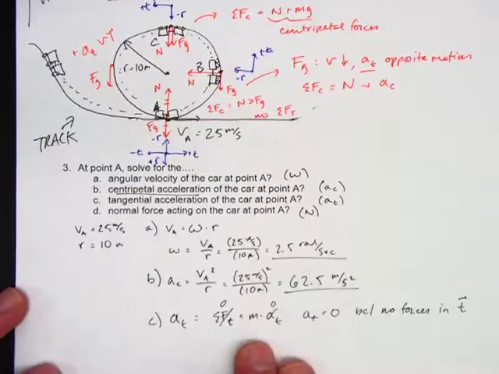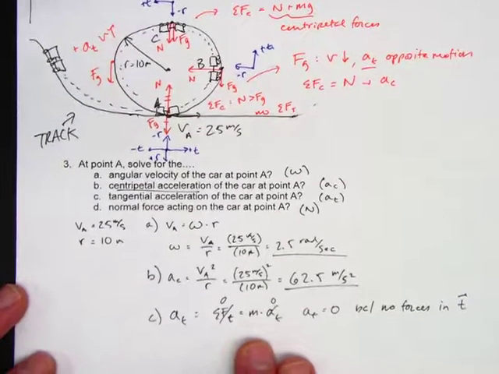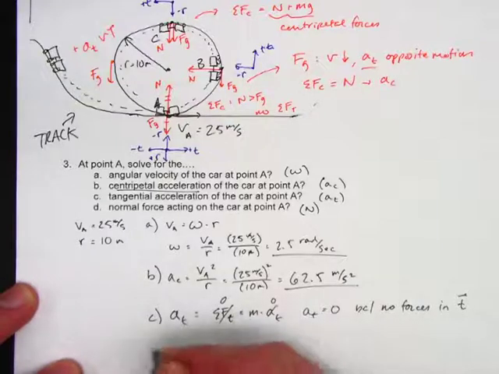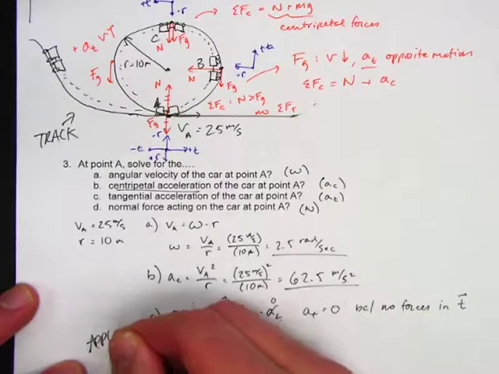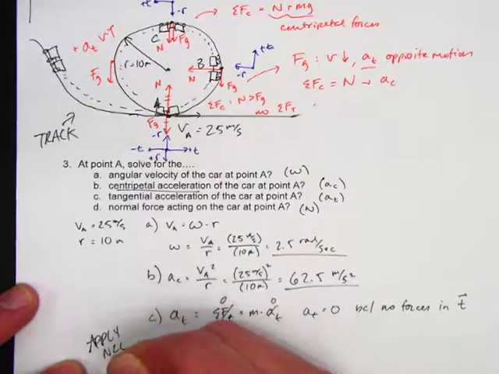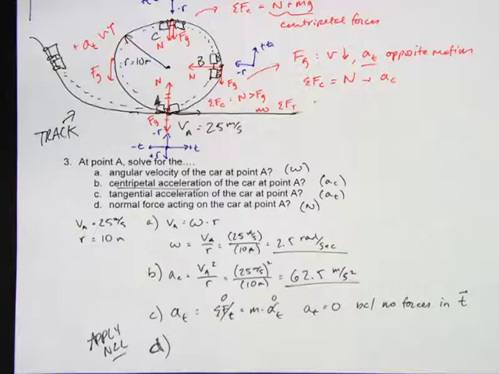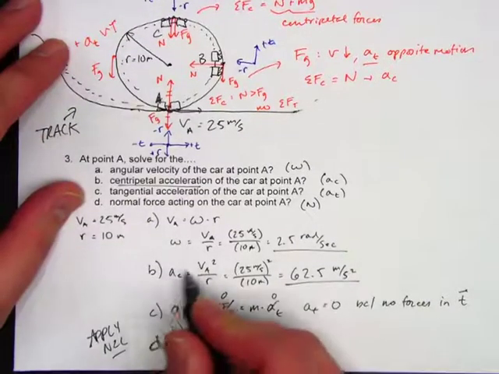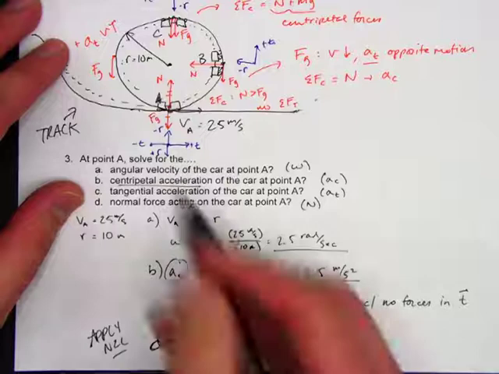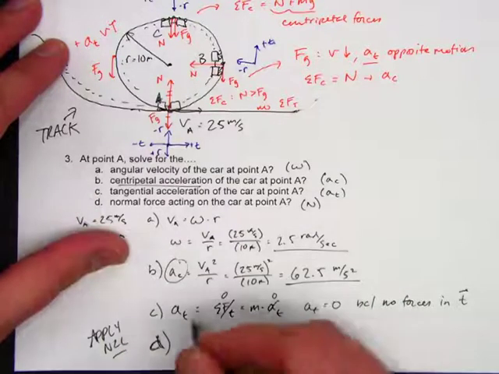Then, for part D, what's the normal force of the track acting on the car at point A? If I want to find the magnitude of the normal force, I'm going to apply Newton's second law, just like we did in the dynamics unit. The only difference is that now our acceleration at point A is a centripetal acceleration, because it's beginning its curved vertical loop path.